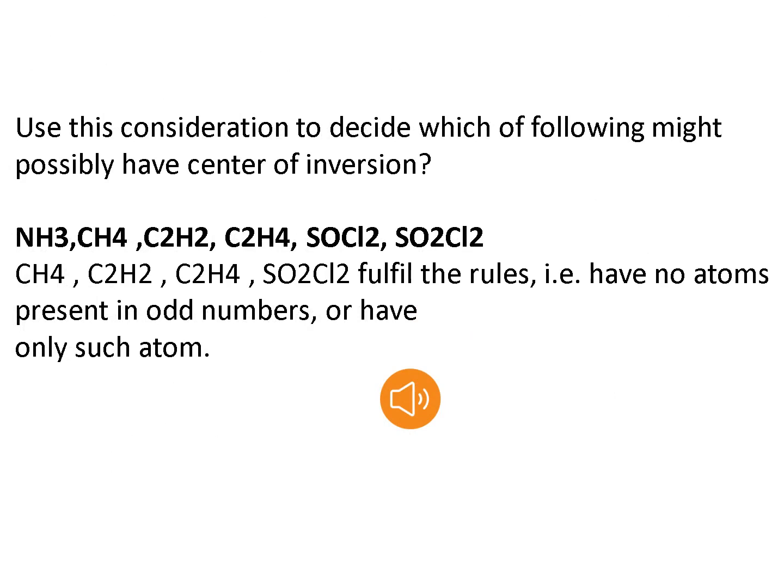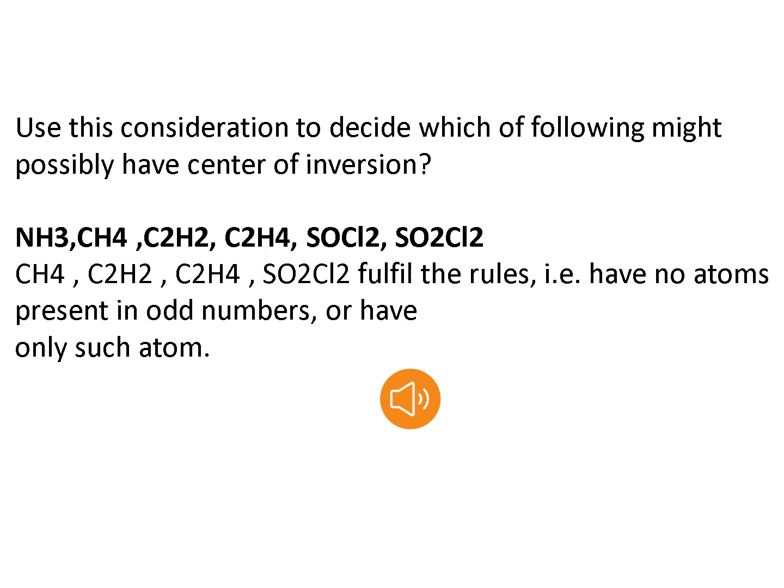NH3, CH4, C2H2, C2H4, SOCl2, SO2Cl2. Which molecules have an inversion center? We have already discussed that AB4 type molecules have an inversion center, while AB3 type molecules do not.